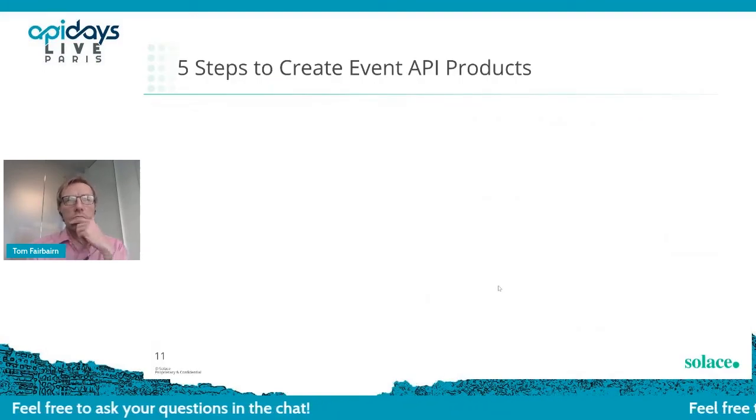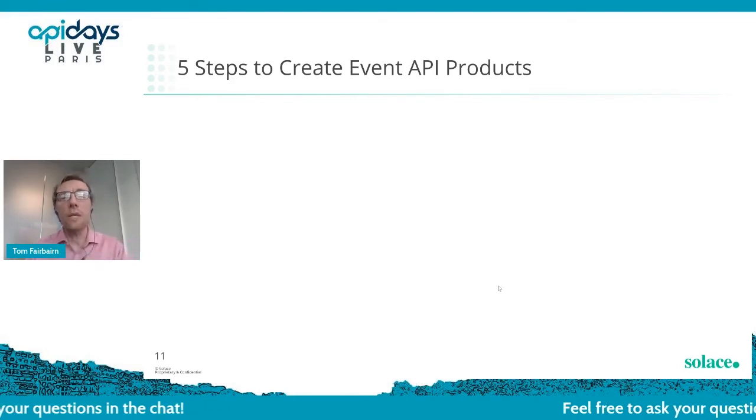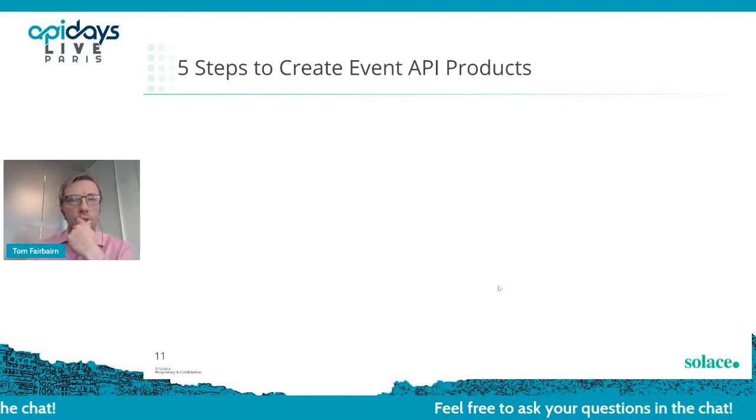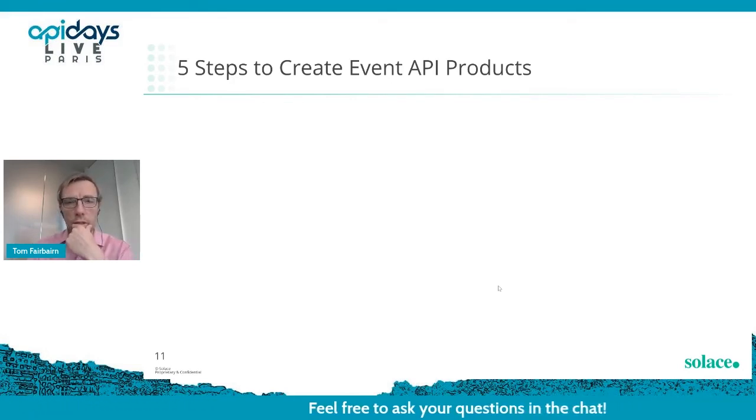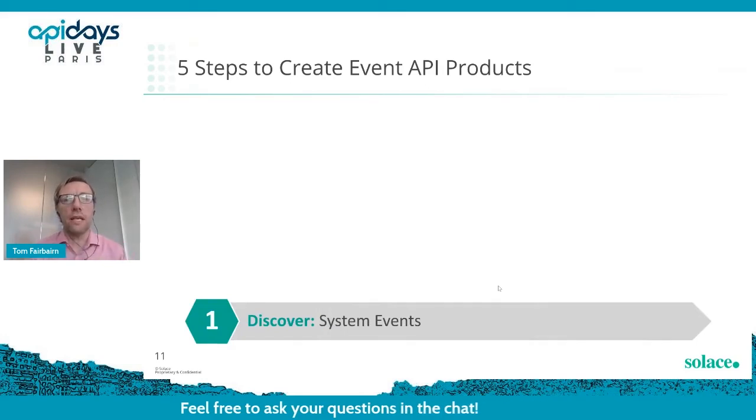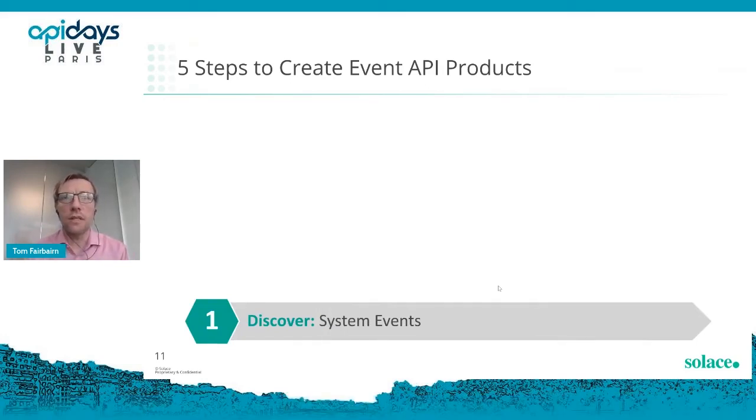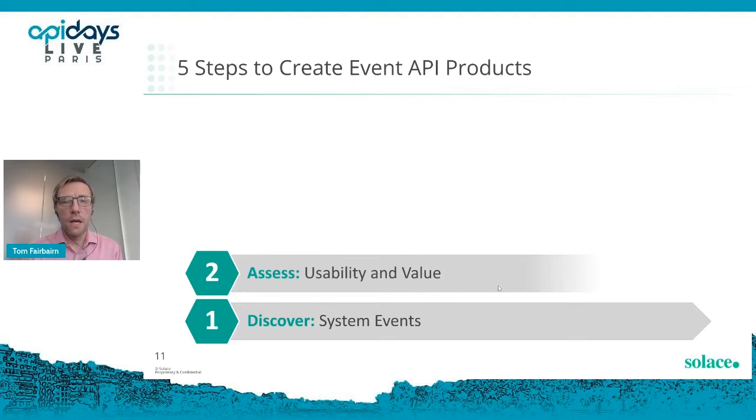Okay, so practically speaking, how are we actually going to do this? Probably the first thing we need to do is understand what events we have. So we need a way of probing into our event-driven interactions and pulling out what we've discovered. What system events do we actually have?